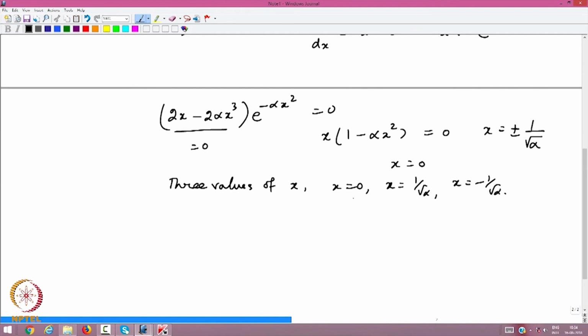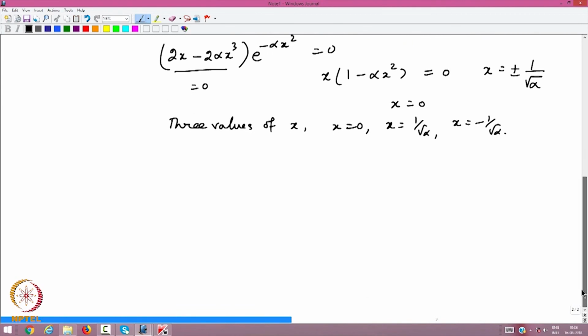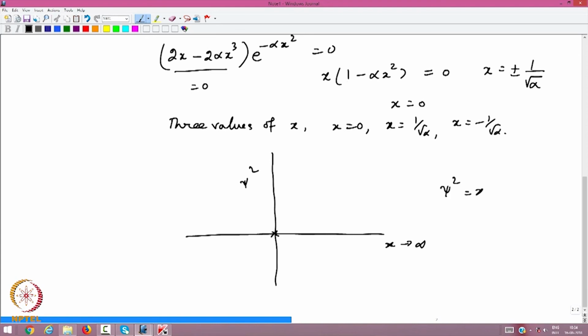Now, we have to find out which is maximum and which is minimum. Of course, one quick way to do that is to plot the function x square e to the minus alpha x square. This is x, and this is psi square, and you know the psi square actually goes to 0 at x is equal to 0.